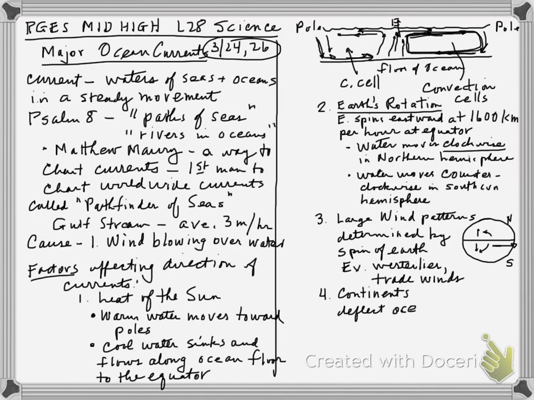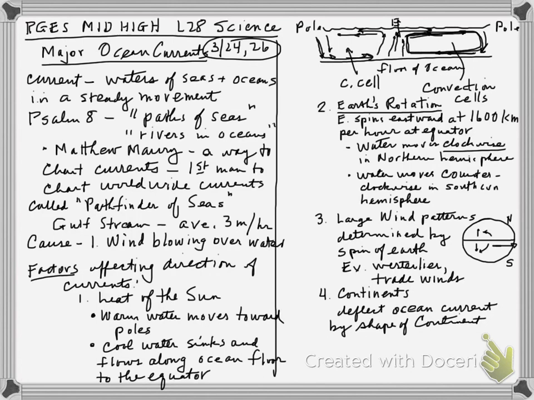It will turn the ocean current by the shape of the continent. So each major ocean has a predominant current flowing within it.